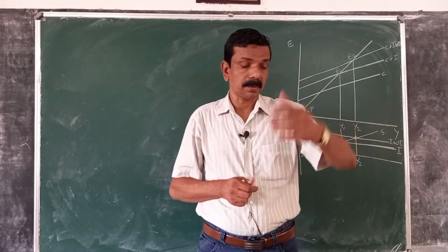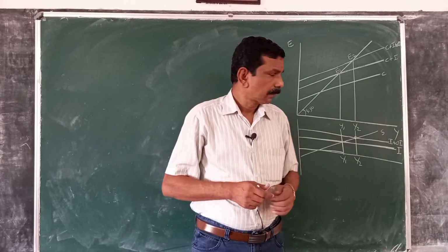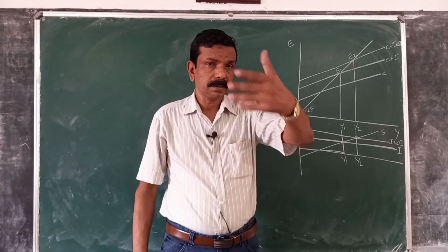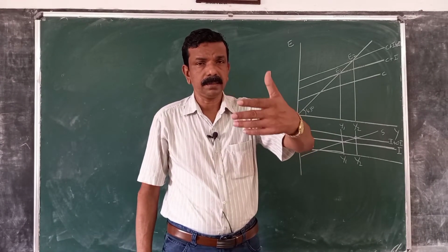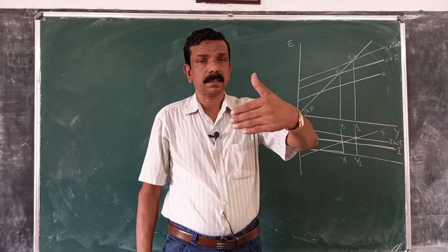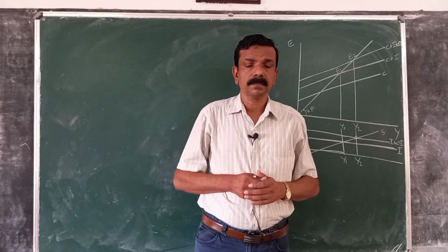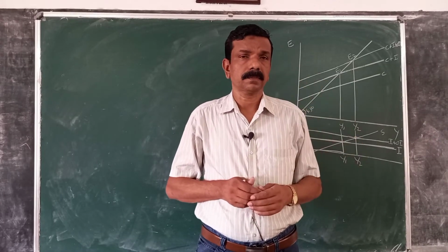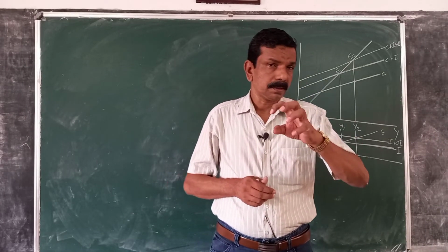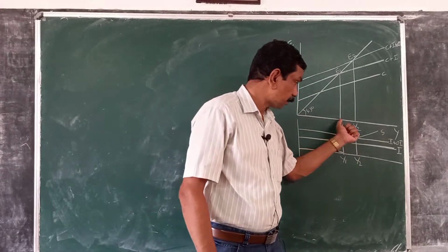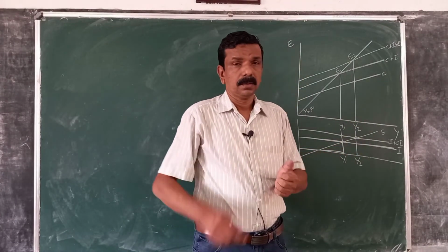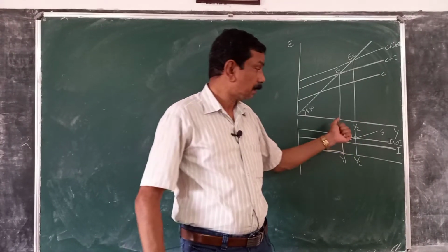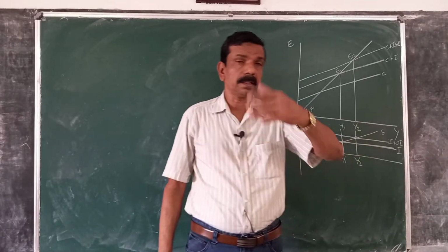But in the classical model, as you know, if there is an increase in demand, as economy is at a full employment level of income, output will not increase, only prices will increase.